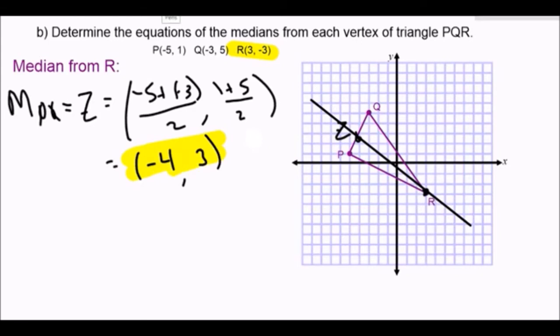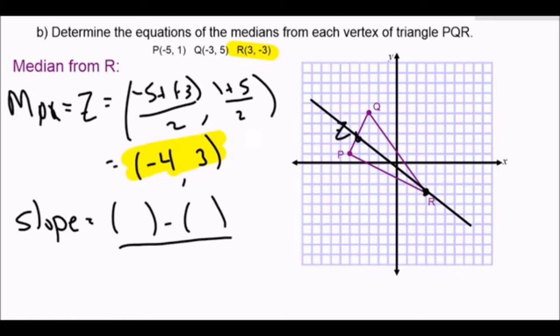So let's go ahead and find the equation of it, and as always, we want to start by finding the slope. So the slope formula, y2 minus y1 over x2 minus x1, so 3 minus negative 3 and negative 4 minus 3. So I get 3 minus negative 3 is 6.